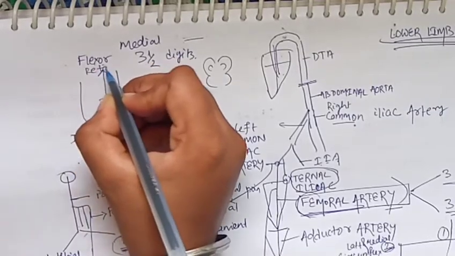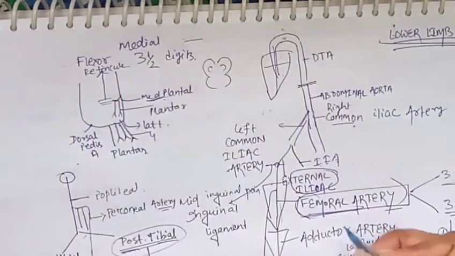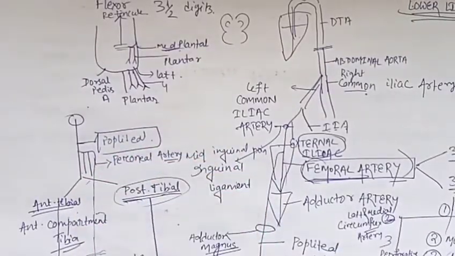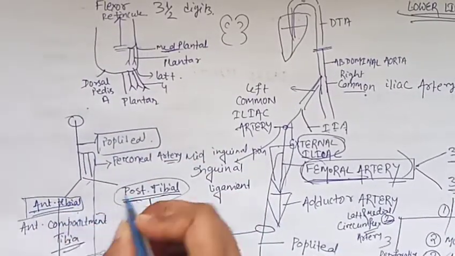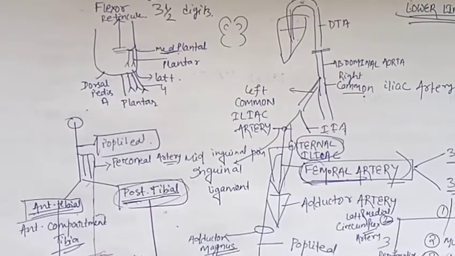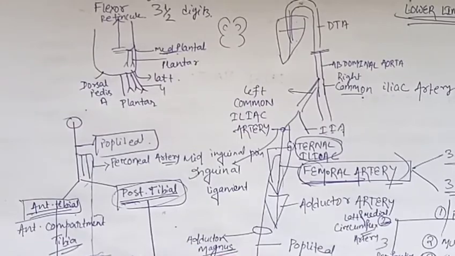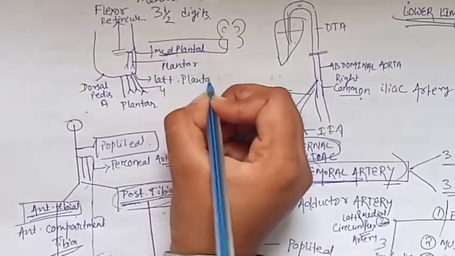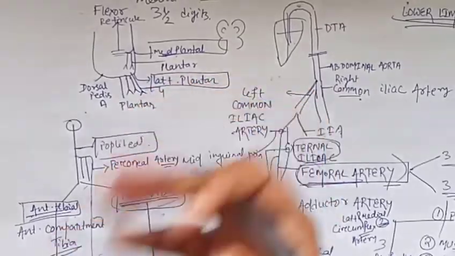So in this way we discussed mainly four arteries, that is the femoral artery, the popliteal artery, then it is divided into anterior tibial and posterior tibial. The anterior tibial continues into the dorsalis pedis artery, whereas the posterior tibial has the medial plantar and lateral plantar. The lateral and medial plantar mainly supply the sole.